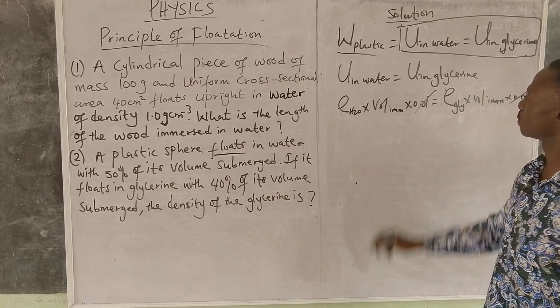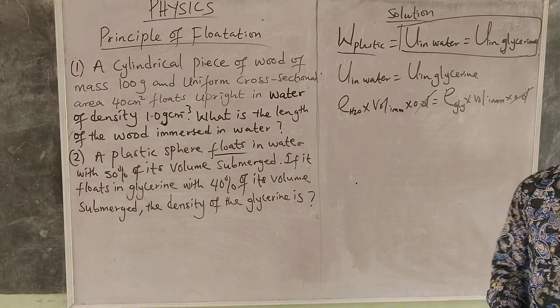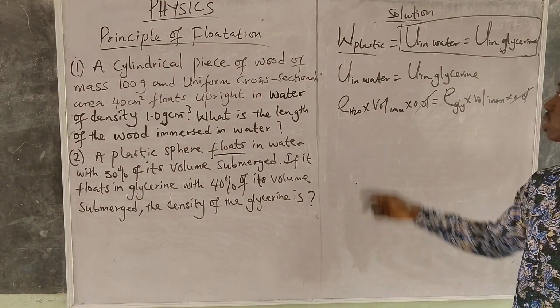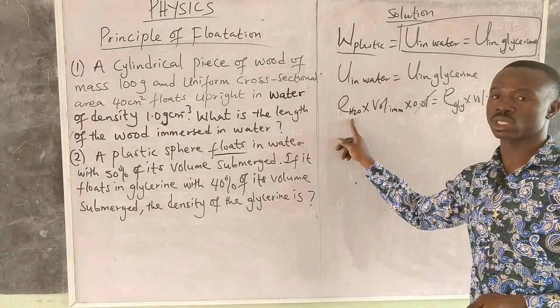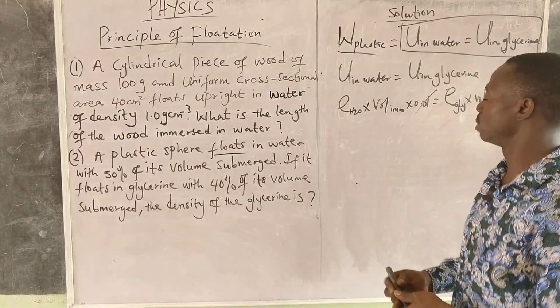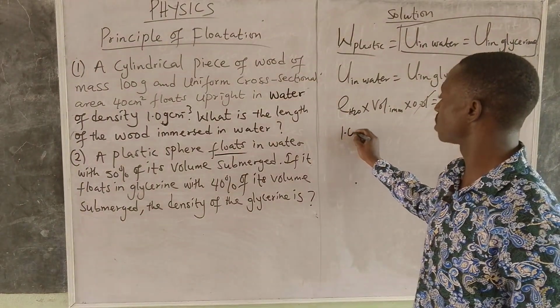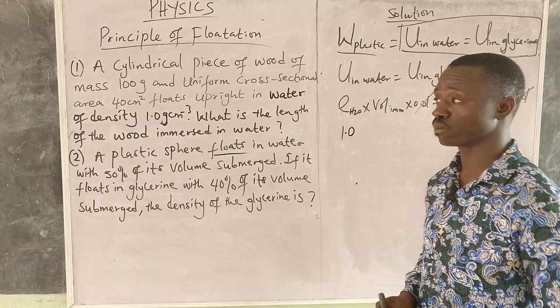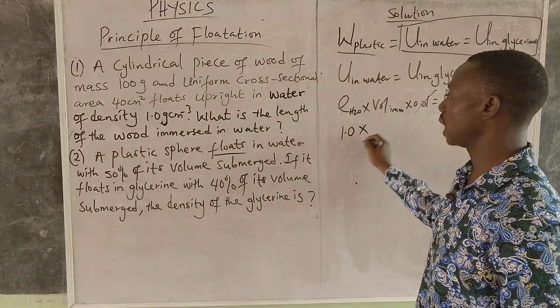This one cancels out. You can decide to use g, and it will also cancel out, but I'm using 0.01 because I intend to use gram per cm cube for the density of water. So what's the density of water? If you are not given, it's constant as far as it is pure water, not seawater. So 1.0 gram per cm cube times.